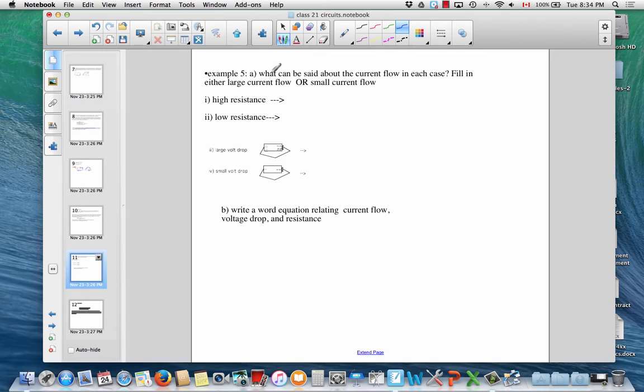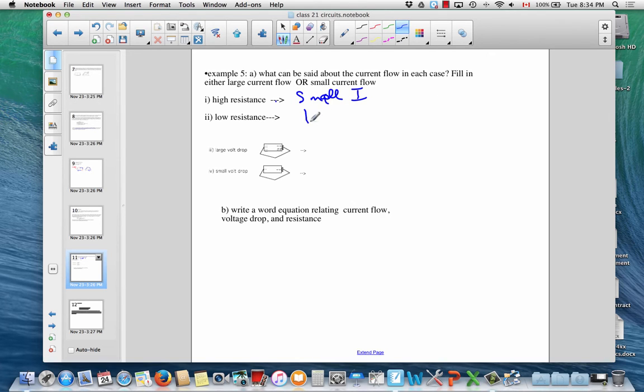Now, the principle that governs that is known as Ohm's law, and we're going to write a word equation for that. So we imagine having a high amount of resistance, and if you have a high amount of resistance, that's going to give you a small flow of current, because it's going to be hard for the charges to get through. So there won't be very much flow.